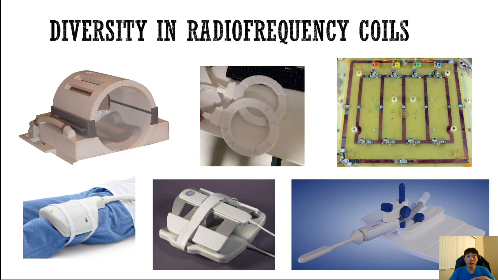And then in the top center, we have a pair of surface loops. These are kind of general use loops. We can put these loops, for example, on the chest to look at the heart, or on the abdomen to do liver imaging.